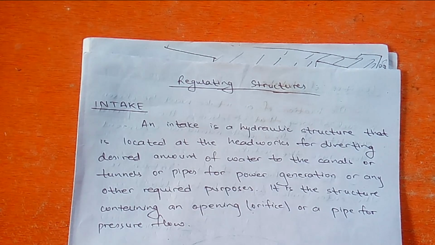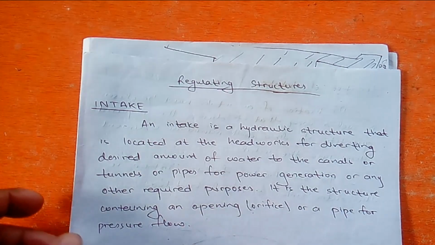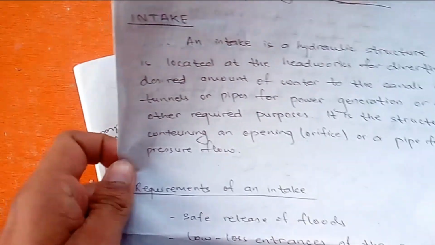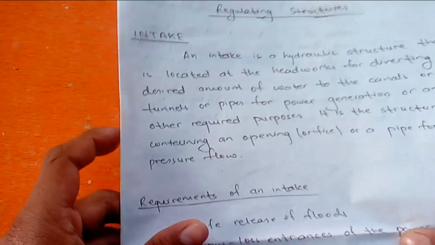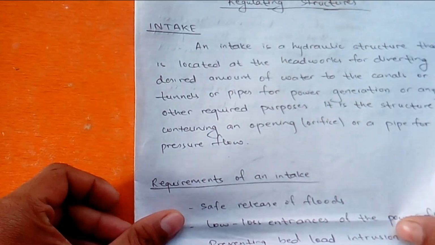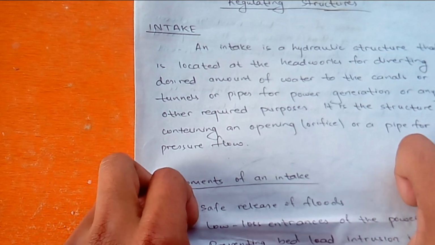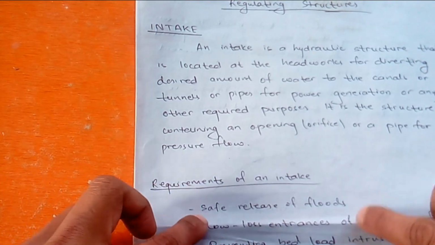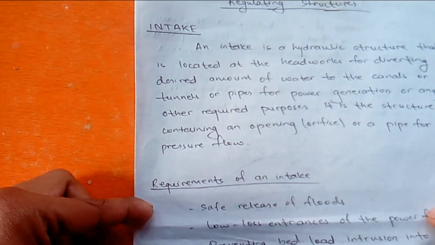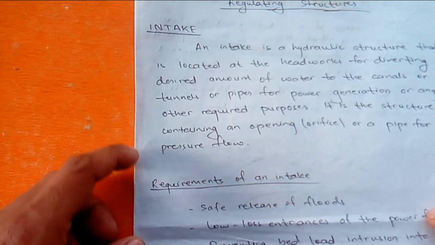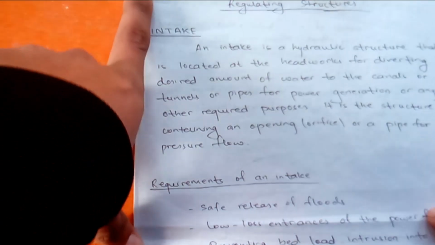So let's learn what the requirements of an intake are. The first one is the safe release of fluids. That means at the time of flood, the intake should be capable of releasing the flood water.